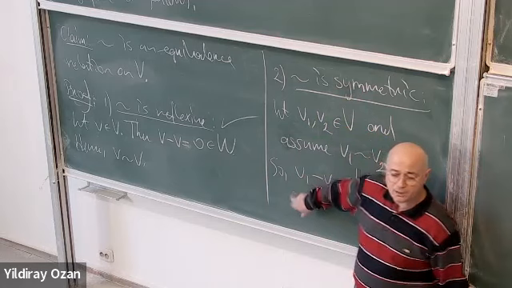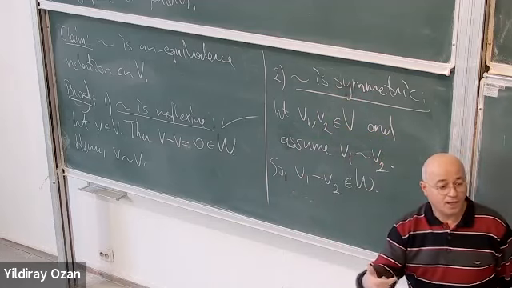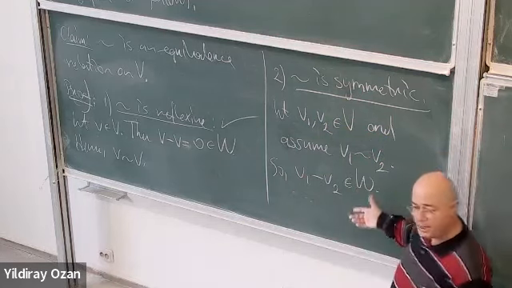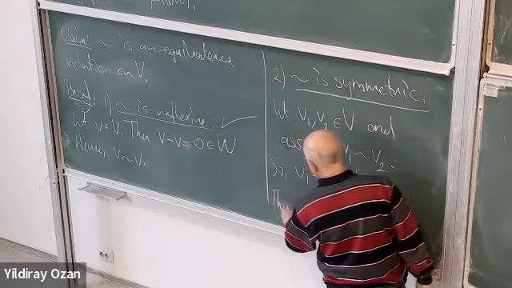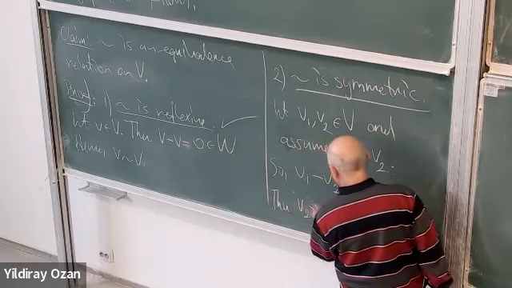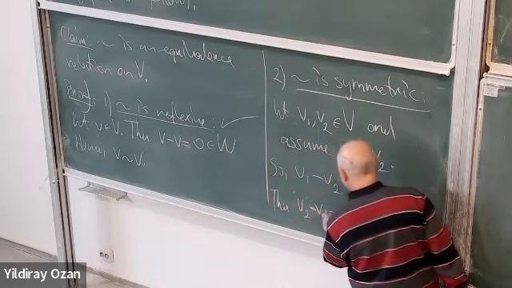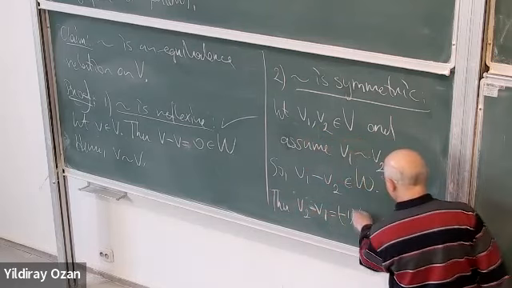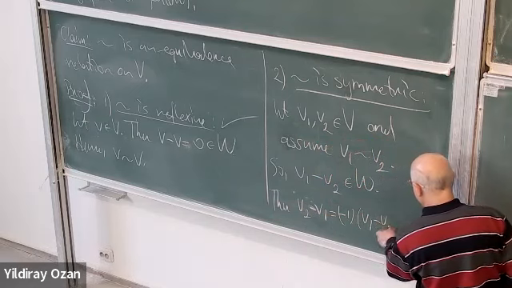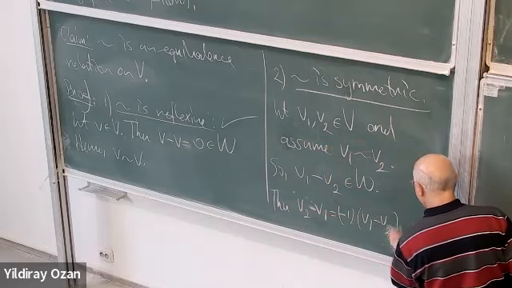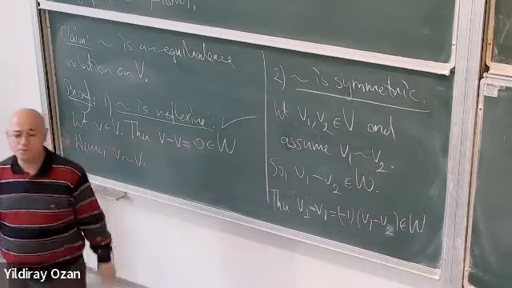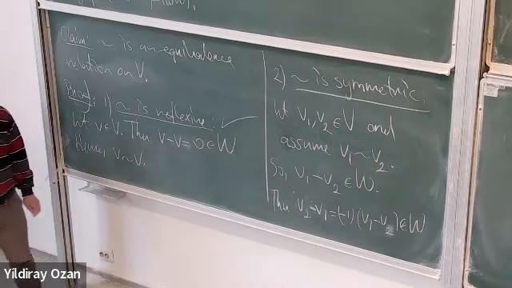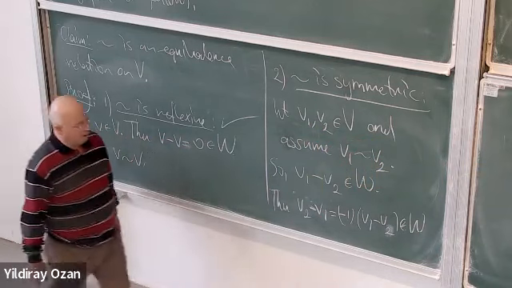I can just multiply this vector with -1 and obtain another vector in the same subspace. Then v2 minus v1, which is just -1 times (v1 minus v2), is still in W because W is a subspace and therefore it is closed under scalar multiplication.